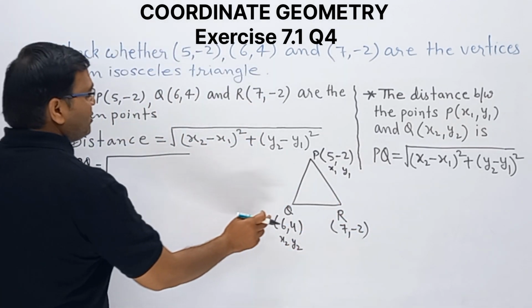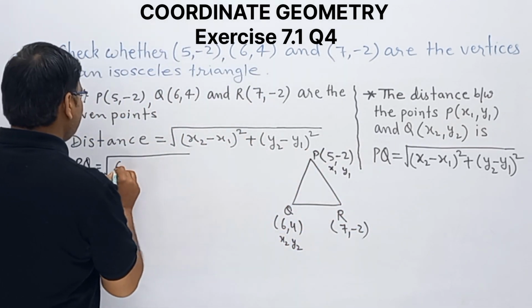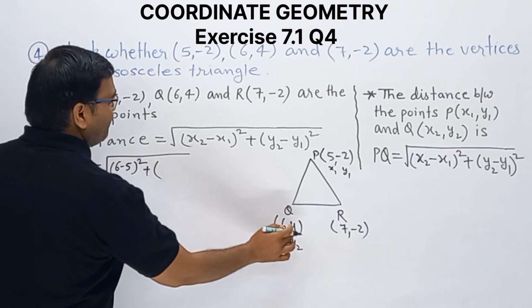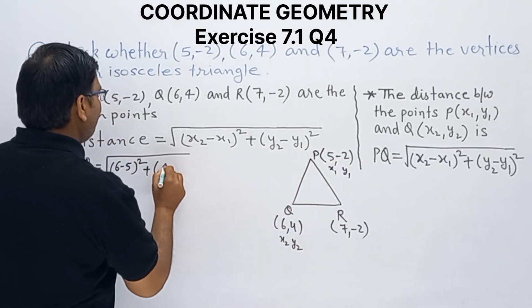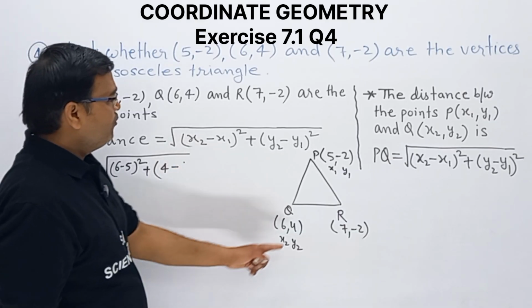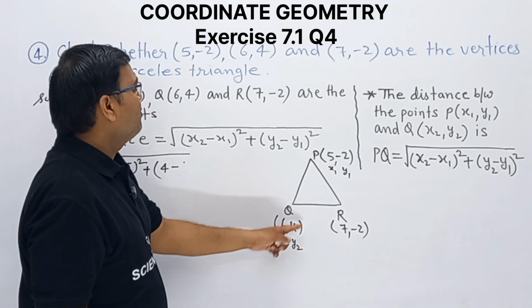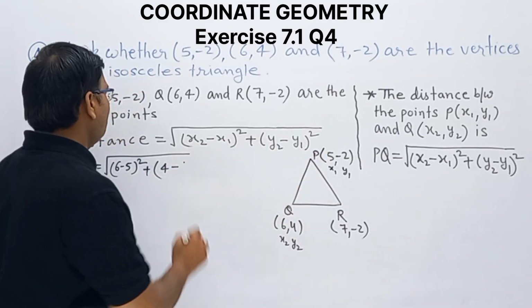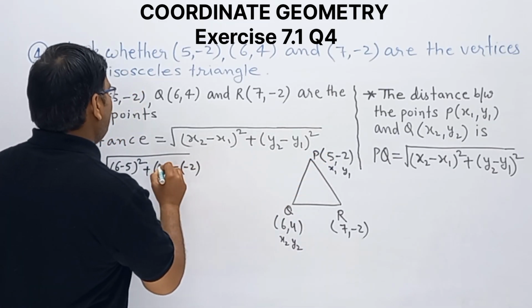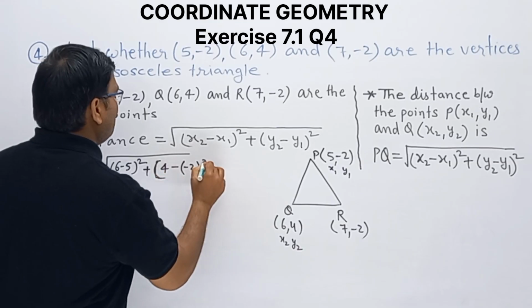So 6 minus 5 whole square plus 4 minus minus 2, and it's a whole square.